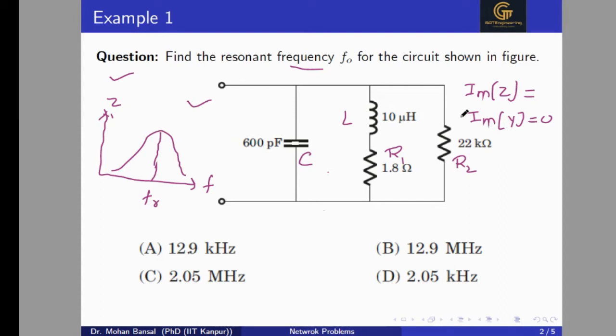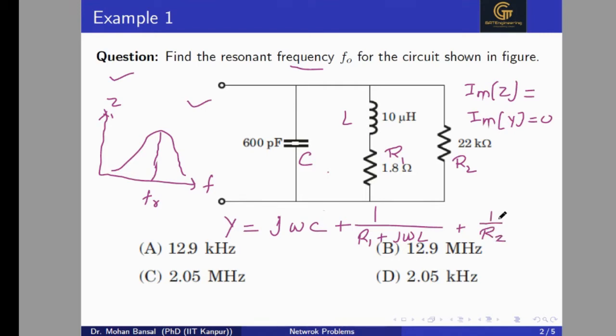We can write down the expression for the admittance: Y is equal to j omega C plus 1 divided by R1 plus j omega L plus 1 divided by R2.